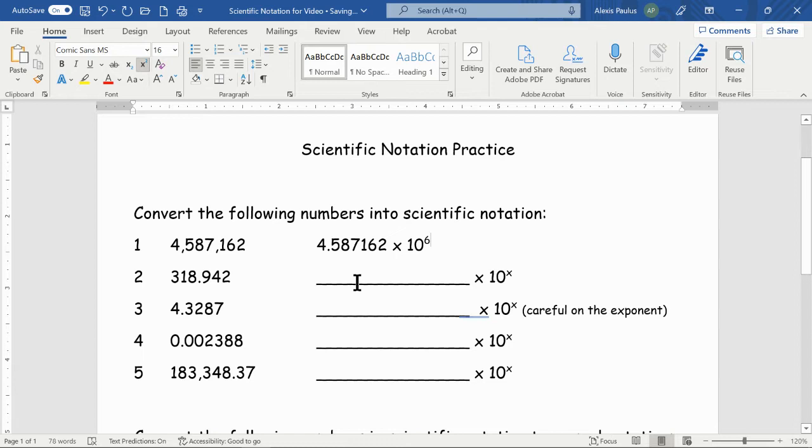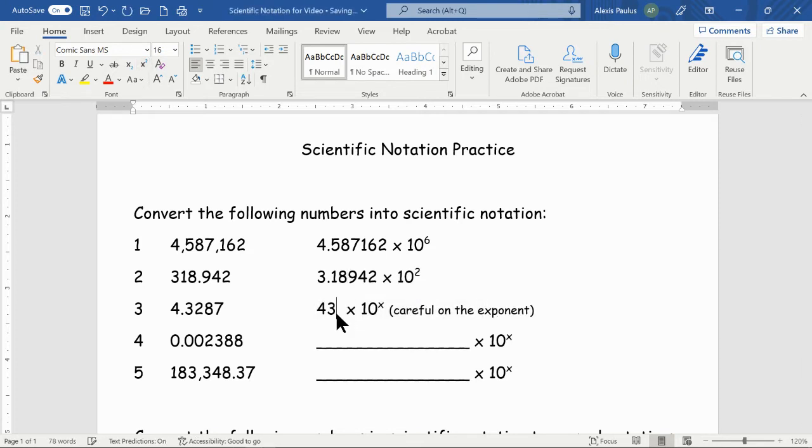Okay, let's see. I'm going to write all the numbers 3, 1, 8, 9, 4, 2. Decimal always goes after the first one. And if it's here, it's got to go 2 spaces to the right. Right means it's positive. 2 spaces means it's positive 2. All right, next one. Oh, so it's already in scientific notation format with a decimal.